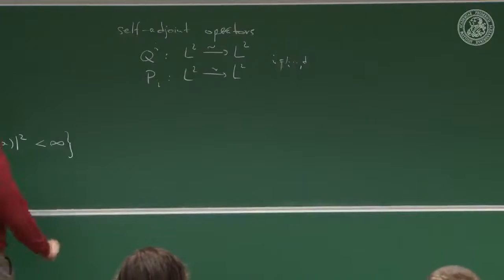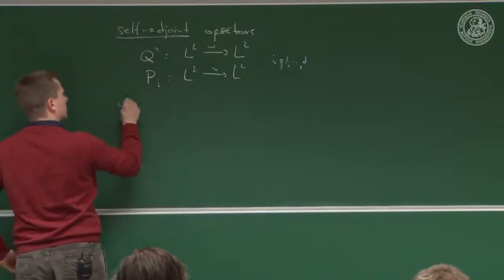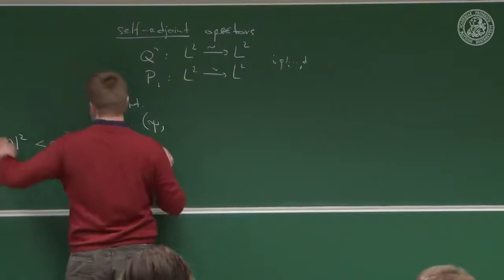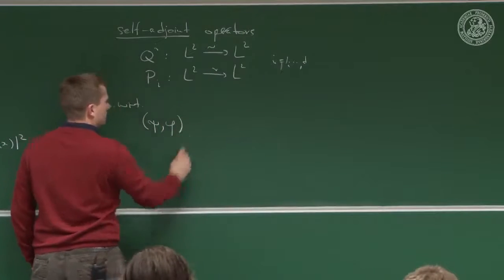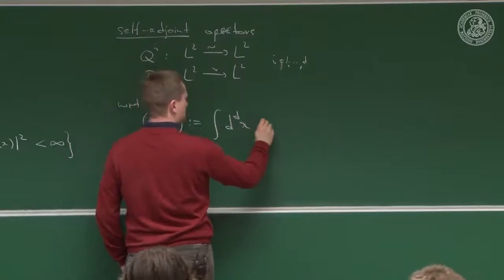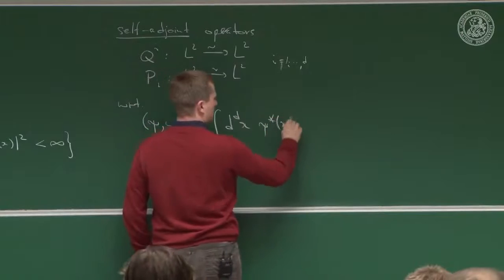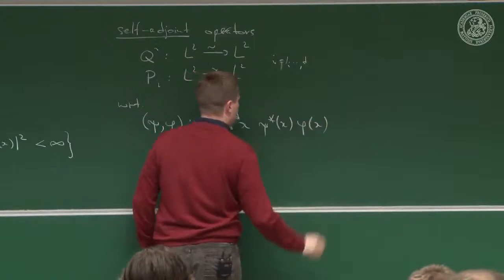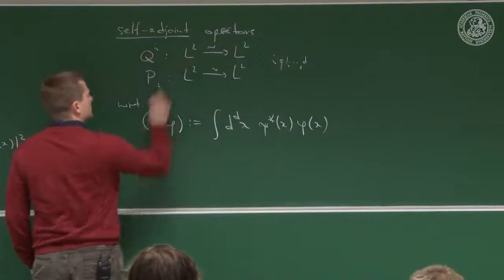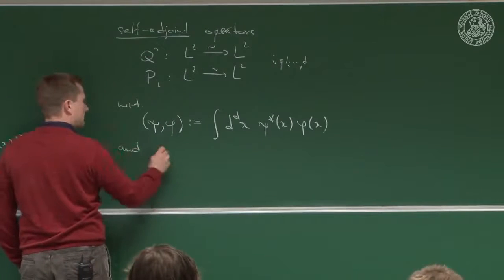They're supposed to be self-adjoint with respect to an inner product, which in a sense we already used here: phi comma psi is the integral dx psi star of x phi of x.